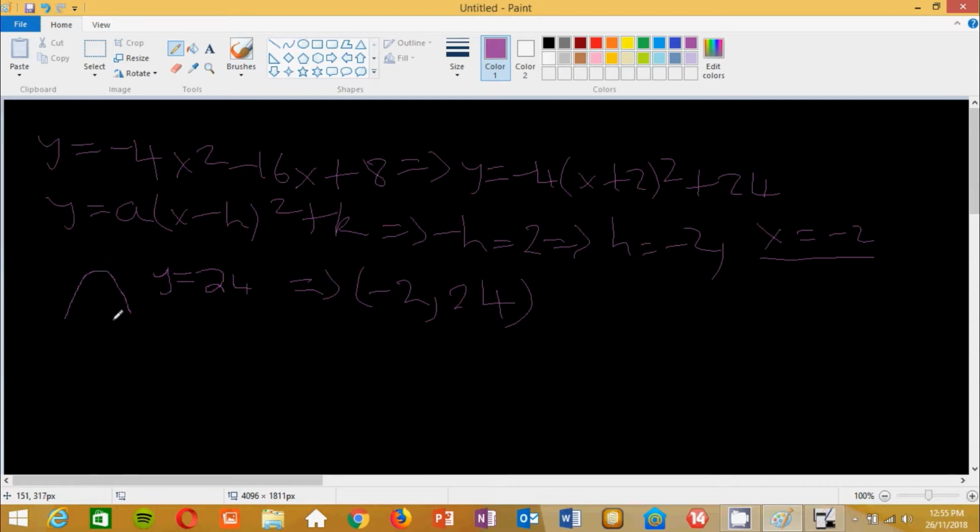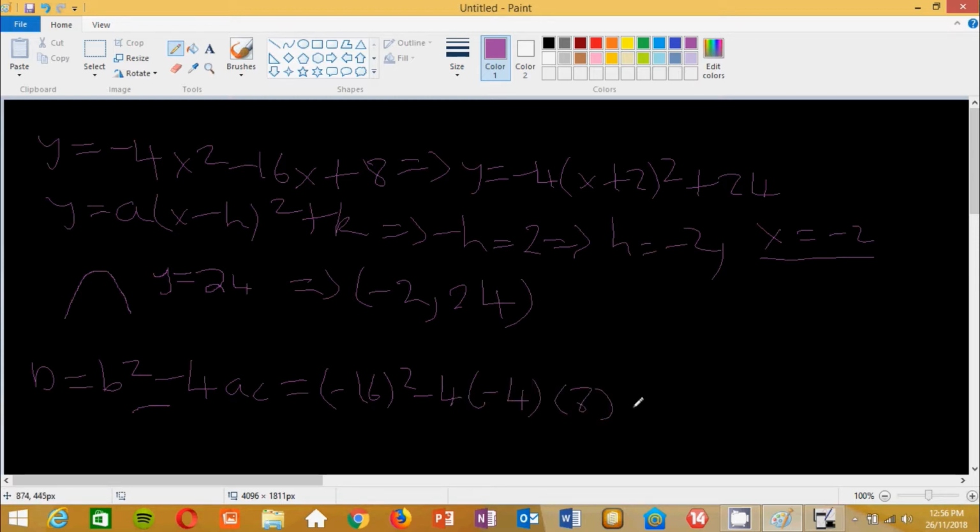Now we want to see if this curve is going to intersect the x-axis, and as usual we are going to use the discriminant D is equal to b squared minus 4ac, and the discriminant for this is going to be equal to negative 16 squared minus 4 multiplied by negative 4 multiplied by 8.